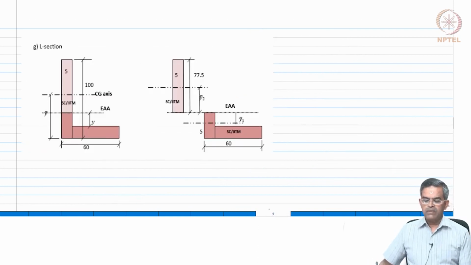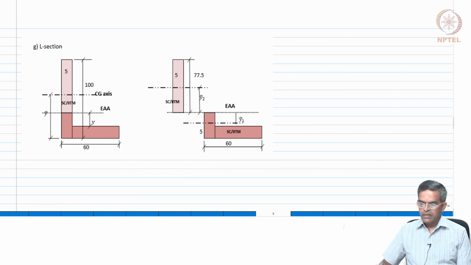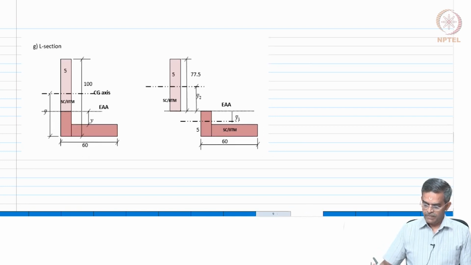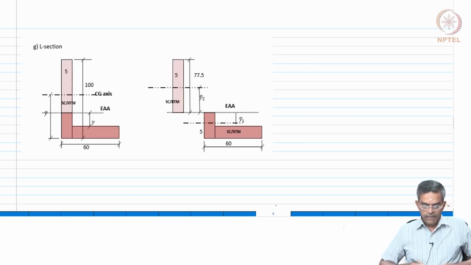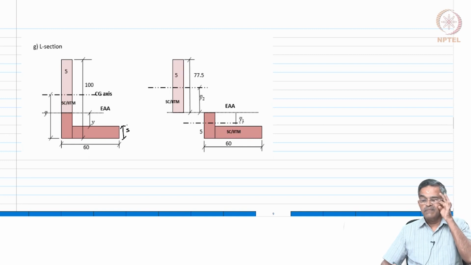We will do one more example for an L section. Let us say in L section, the dimensions are given on the screen. The overall thickness is same, which is 5 millimeters. So, let us first locate the centroidal axis of this.